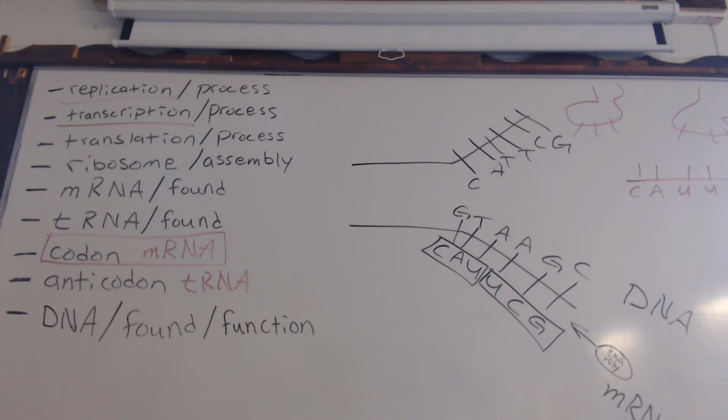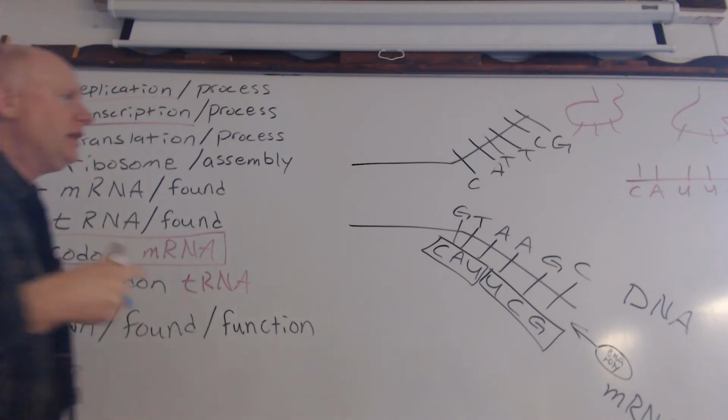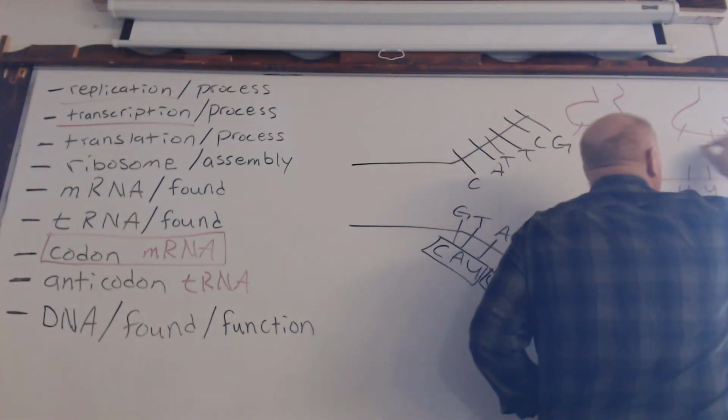It's encoded in the message. The message is in what form? What type of RNA? No. It's in the name. Messenger RNA. The message is in messenger RNA. So it's telling this how to hook these up.